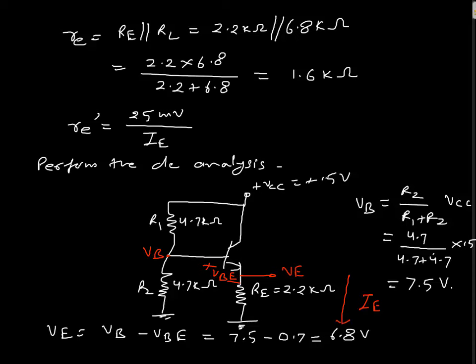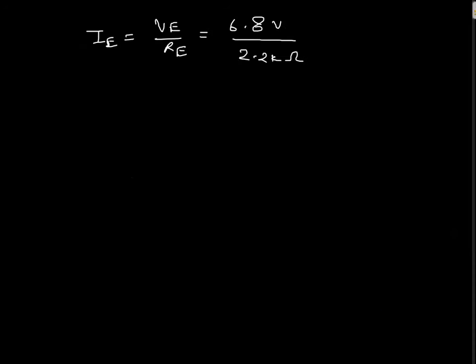VE is 6.8 volt, RE is 2.2 kilo ohm. If we solve this, we'll get 3.09 milliampere. So this is the value of IE.